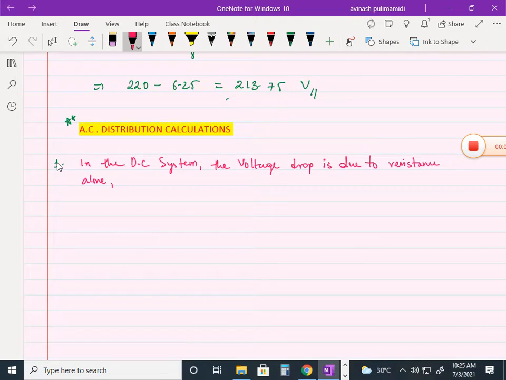But in case of an AC system, the voltage drop is due to resistance, inductance and capacitance.